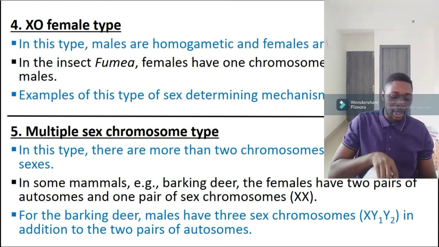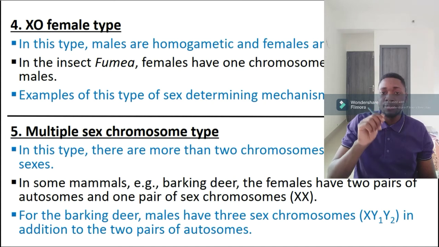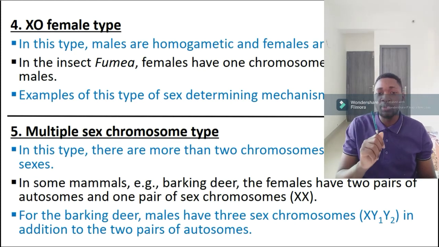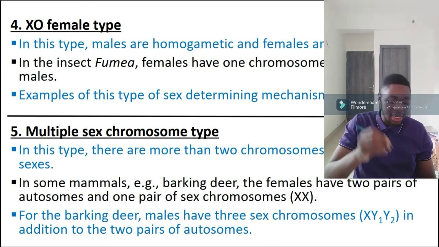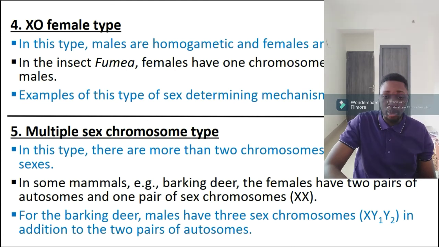So for today, I just want to see how the offspring are produced. In humans, the X chromosome denotes the female and the Y chromosome shows the male. So we say the females are represented by XX homogametic chromosomes.